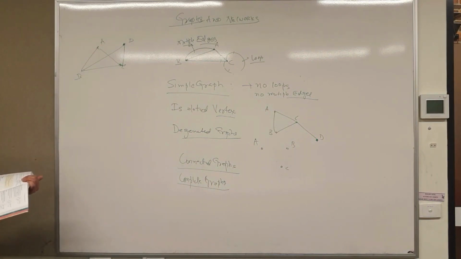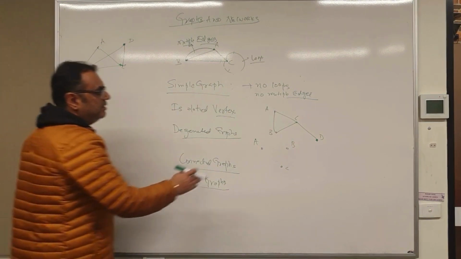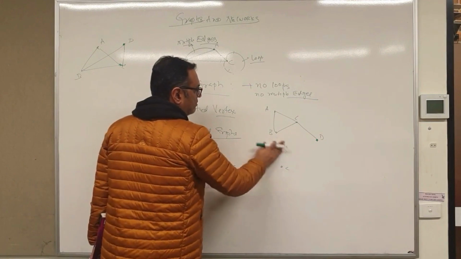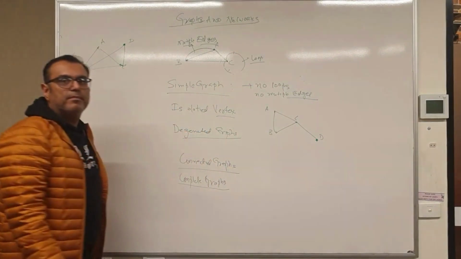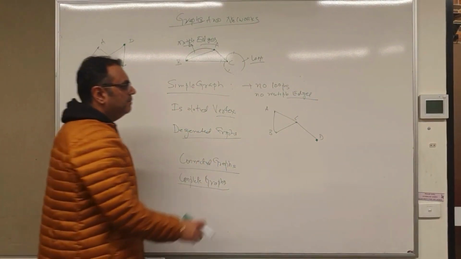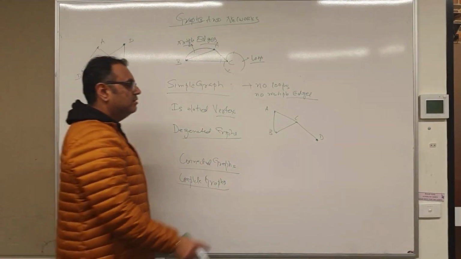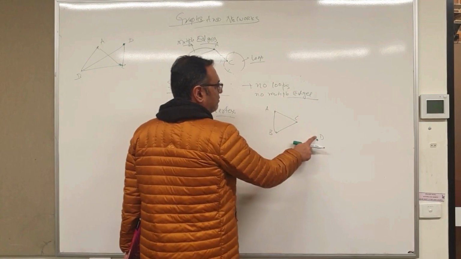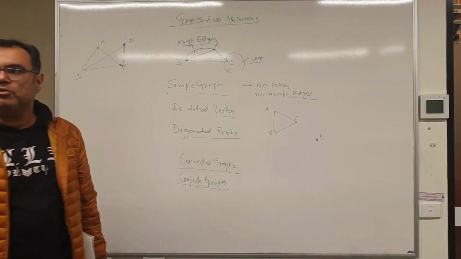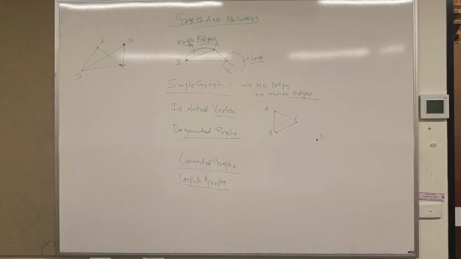All good so far? Then there is something called bridges. In this graph here, this is a bridge. Which means if I take this off, I cannot reach the other end of the graph.